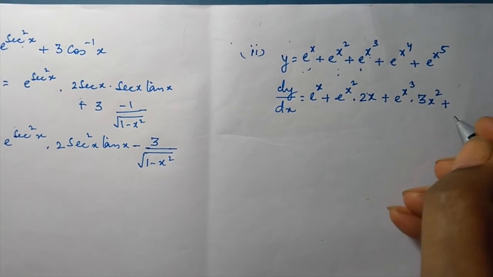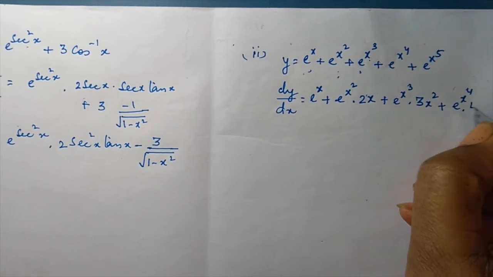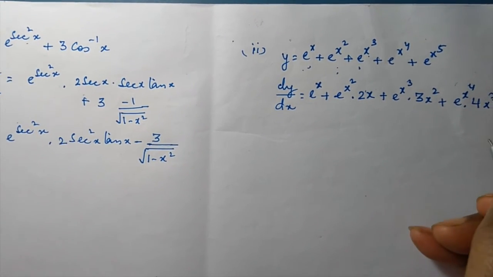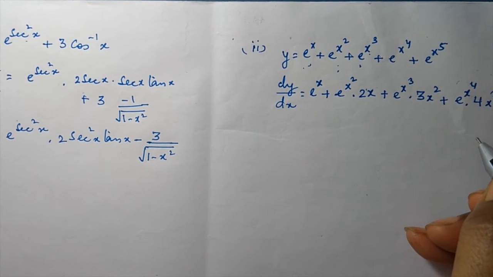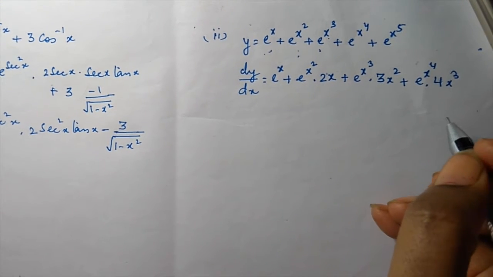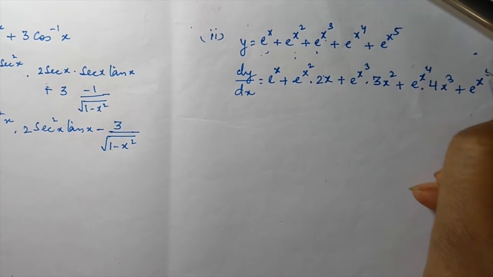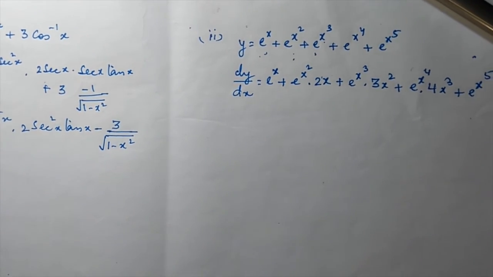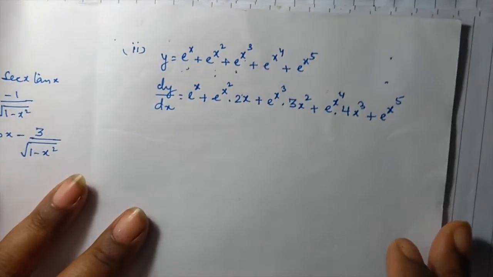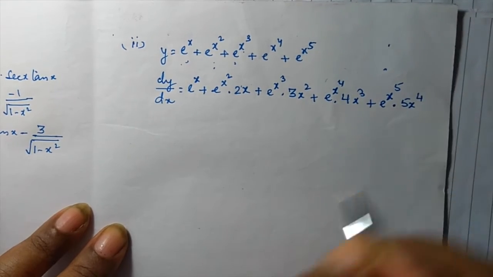Now it will be e to the power of x to the power of 4 times 4x cube, plus e to the power of x to the power of 5 times 5x to the power of 4.